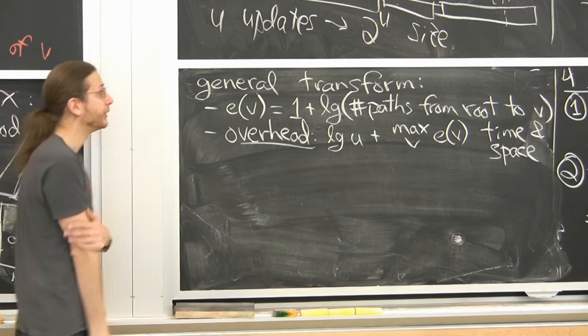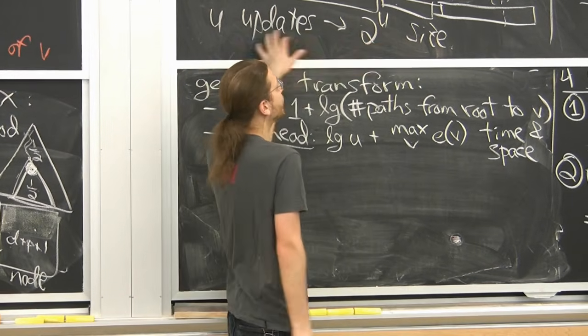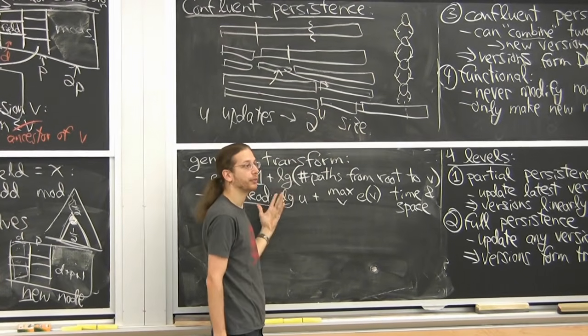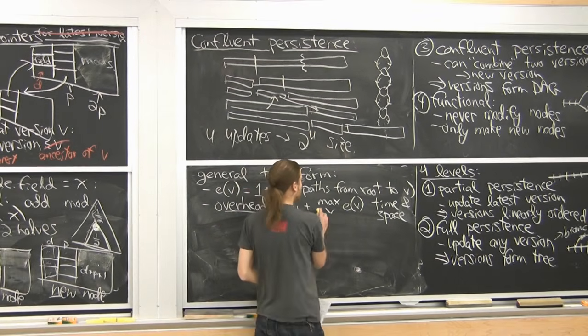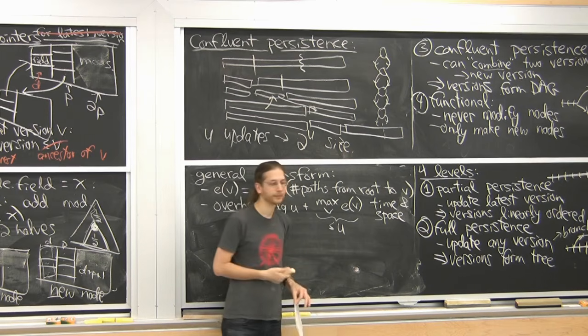You pay basically the effective depth of that operation as a factor. Now, the annoying thing is if you have this kind of setup where the size grew exponentially, then the number of paths is exponential, log of the number of paths is linear in U. And so this factor could be as much as U, linear slowdown.